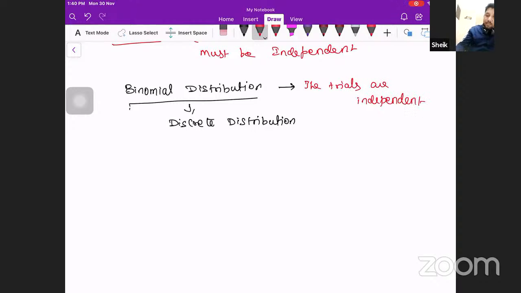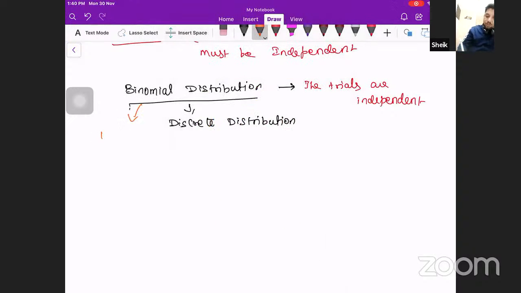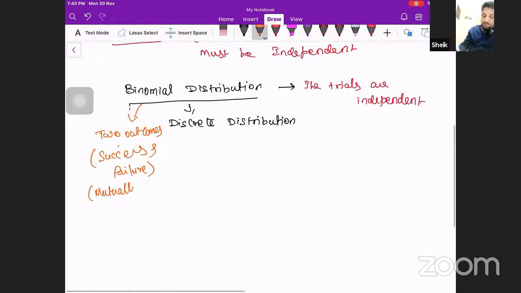It deals with two outcomes, success and failure, and both are mutually exclusive as well as exhaustive.